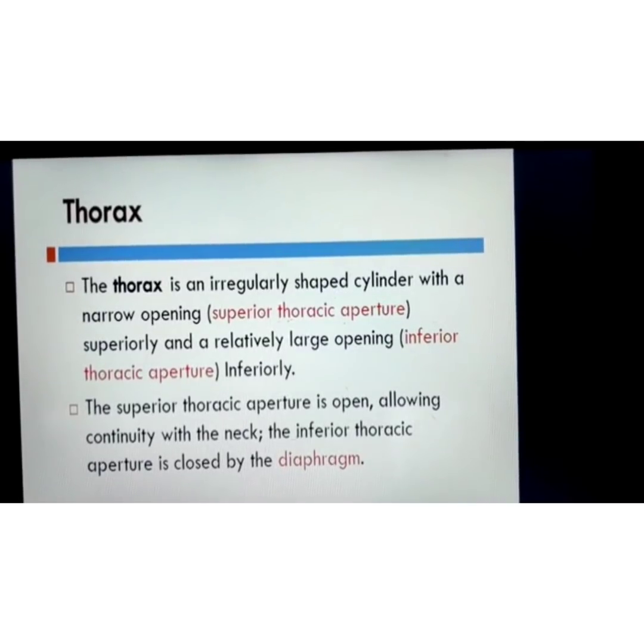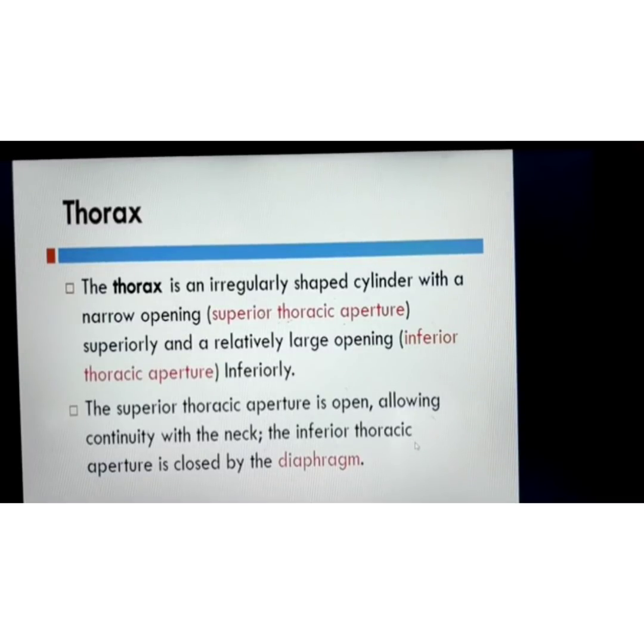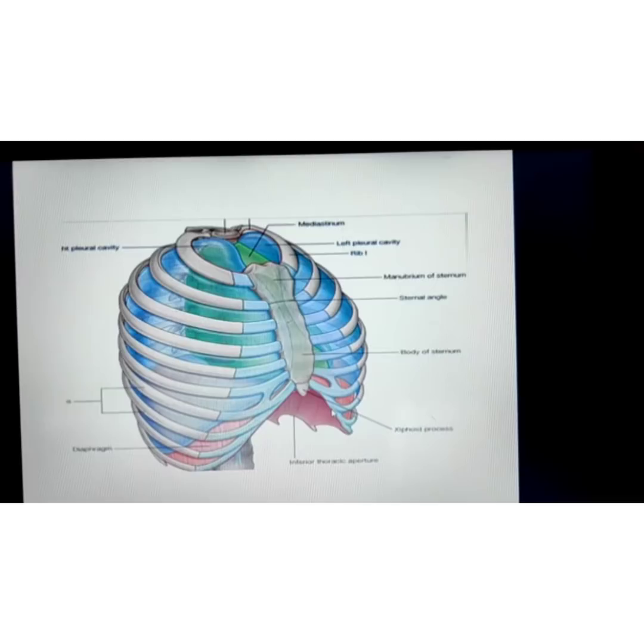The superior thoracic aperture is open. It allows continuity with the neck, whereas the inferior thoracic aperture is closed by the diaphragm.